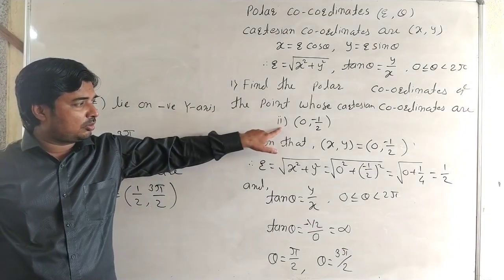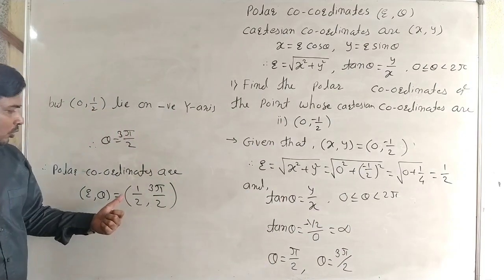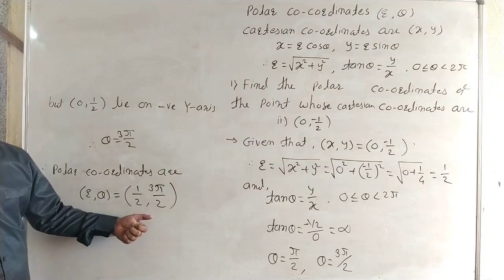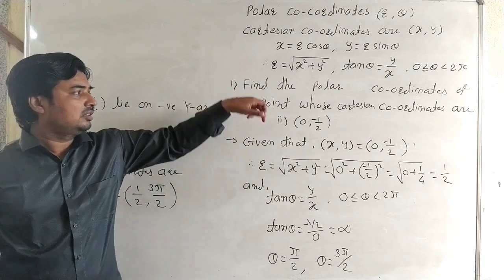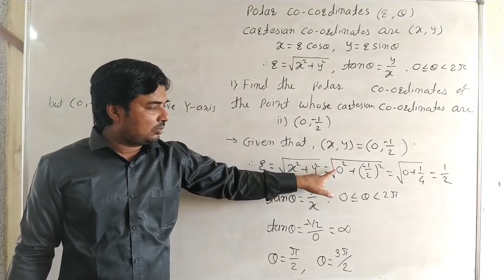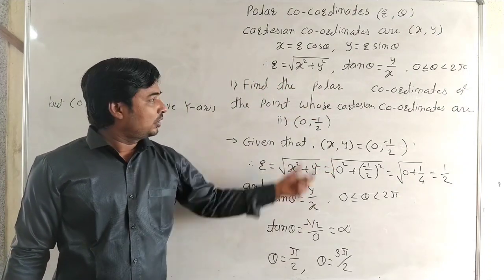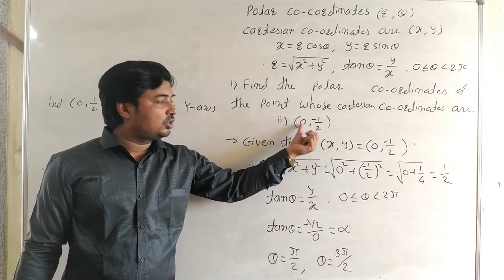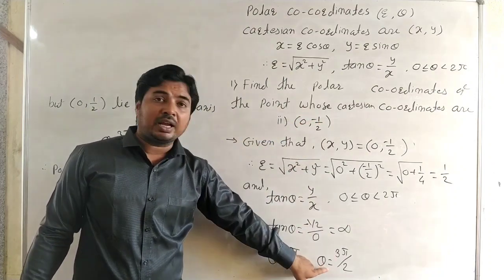When the question is 0 comma minus 1 by 2, the polar coordinates are 1 by 2 comma 3 pi by 2. But in the textbook, 0 comma 1 by 2 is asked, and the answer is r is 1 by 2 and theta is pi by 2. When the question is in the form 0 comma minus 1 by 2, then we take this angle.